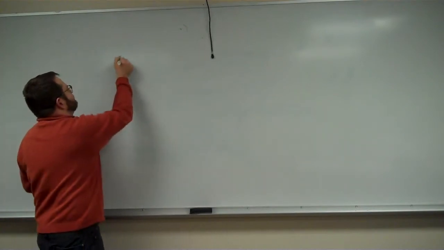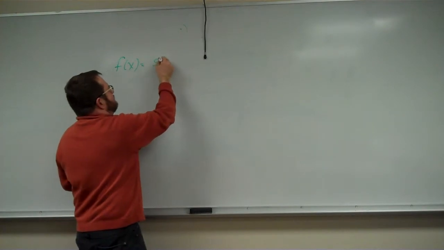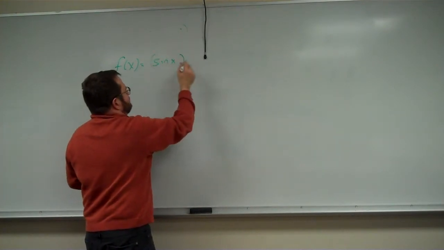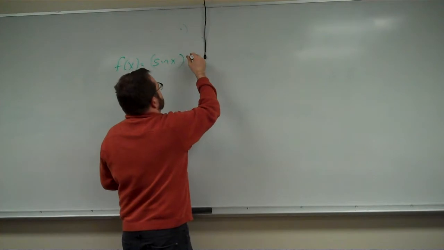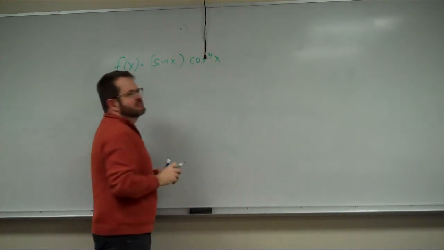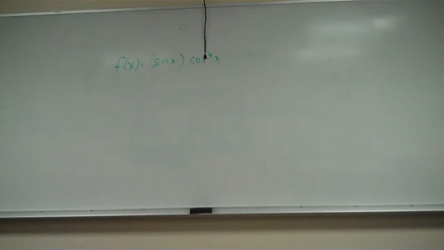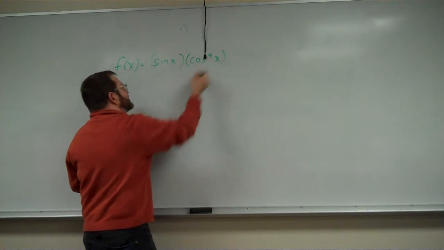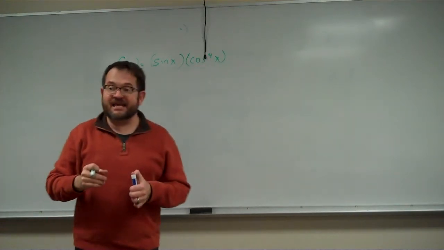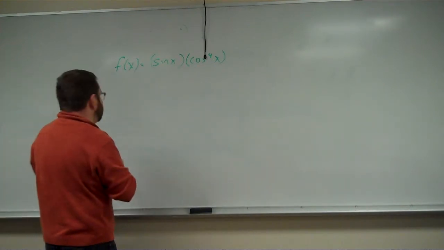For example, what if we had a function that was sine of x, I'll just put parentheses here to help, times cosine to the 4th power of x. We clearly have a product here. We are clearly multiplying two things, sine of x and cosine to the 4th power of x. That is a product rule thing. Let's see what we can do with that.